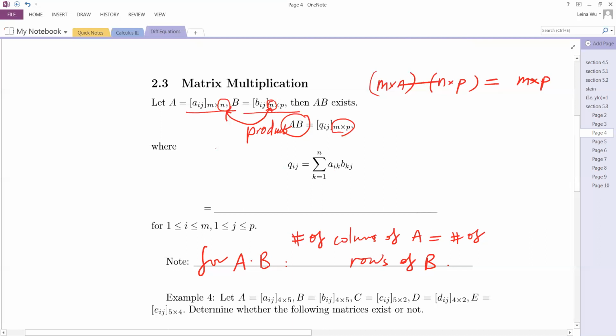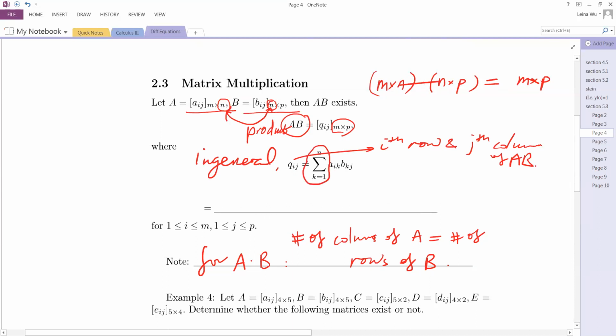In general, Qij, which is in the ith row and jth column of the product AB, equals the sum over k from 1 to n.